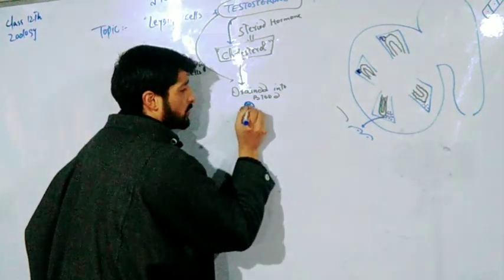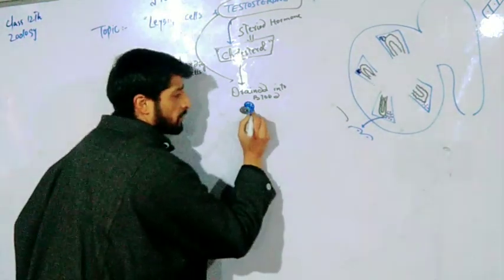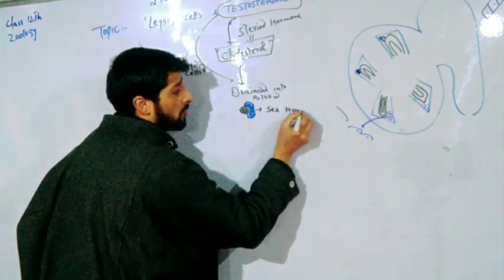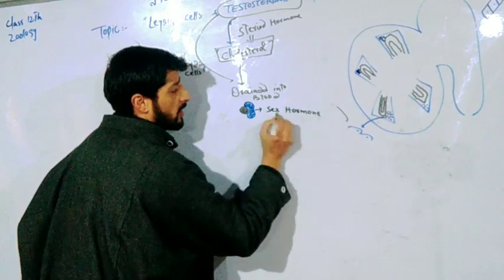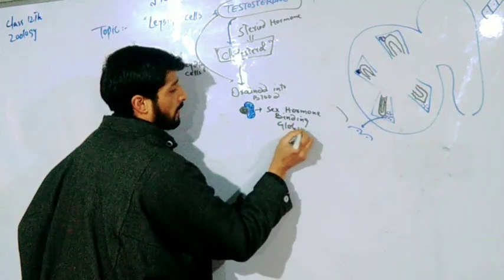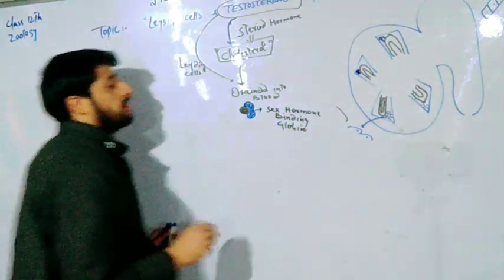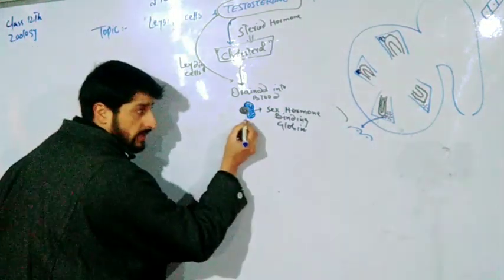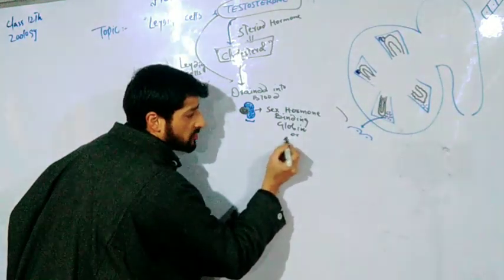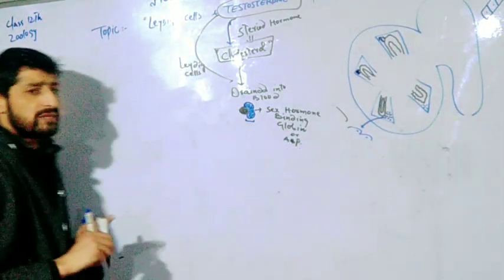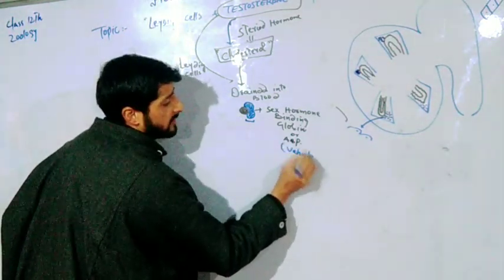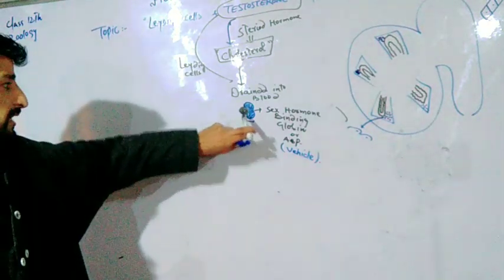This protein is known as sex hormone binding globulin, also known as ABP, androgen binding protein. This androgen binding protein acts as a vehicle for the transportation of this hormone.